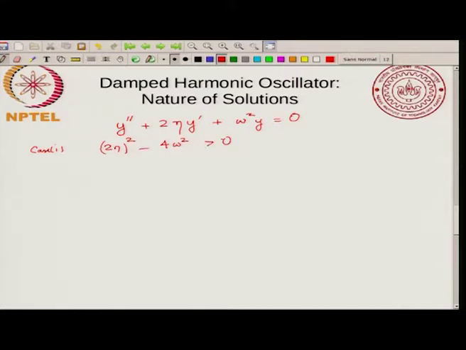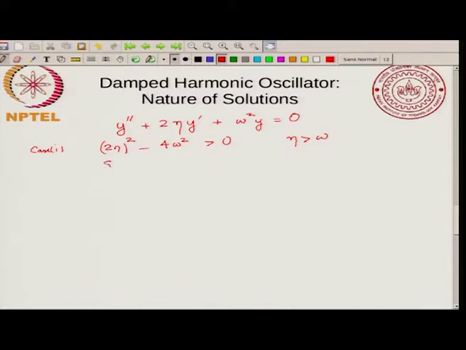So, I can cancel the 4, and what I get is eta square is greater than omega square, or eta is greater than omega. If eta is greater than omega, then this quantity is greater than 0, and as we said, if this quantity is greater than 0, you have exponential solutions.